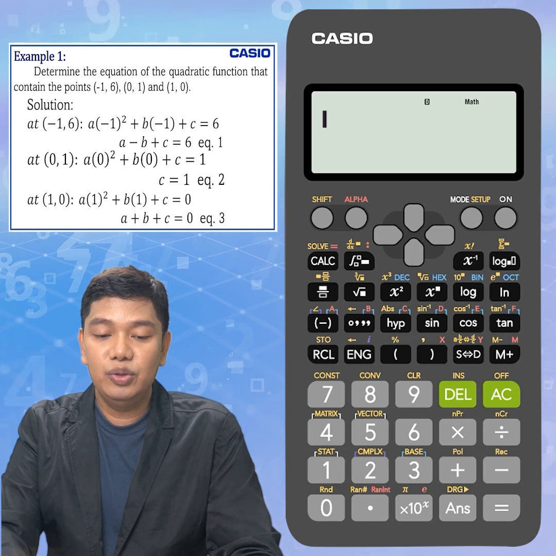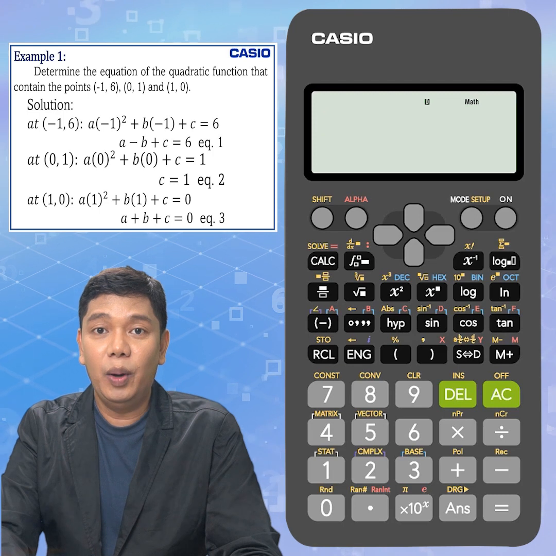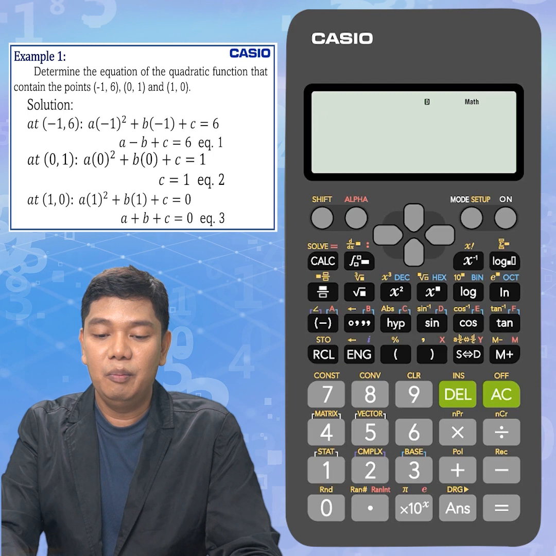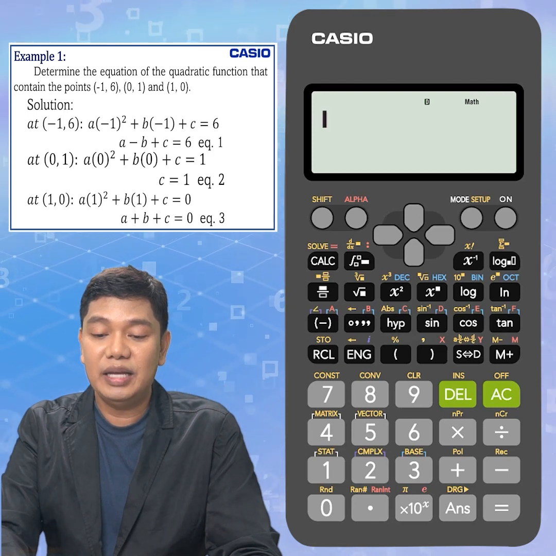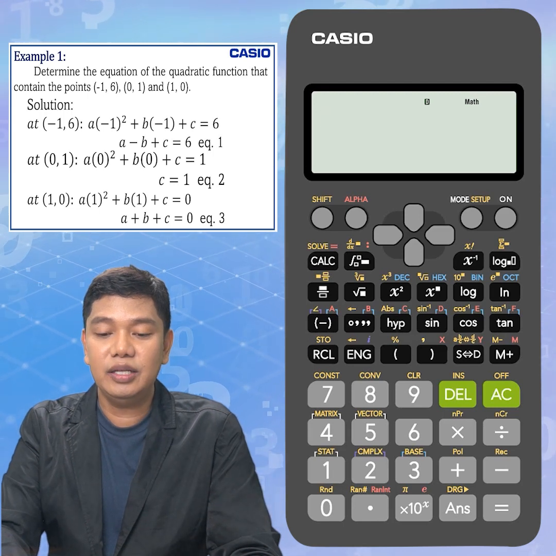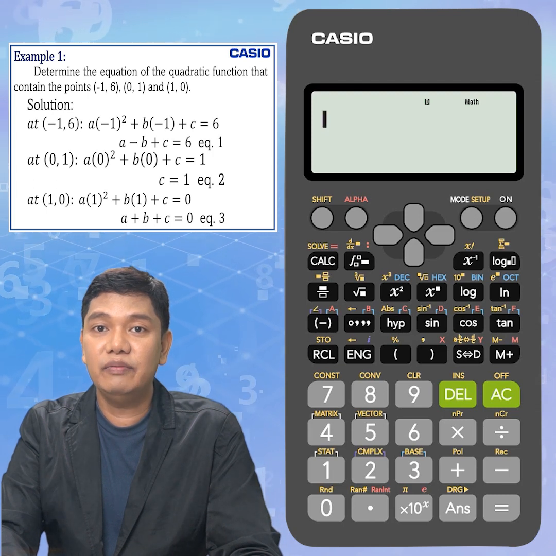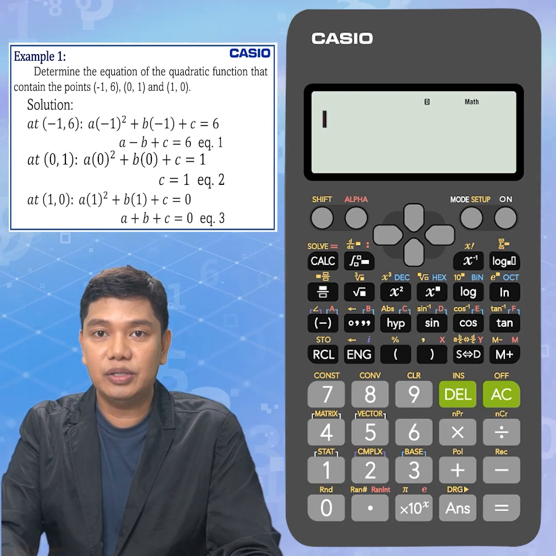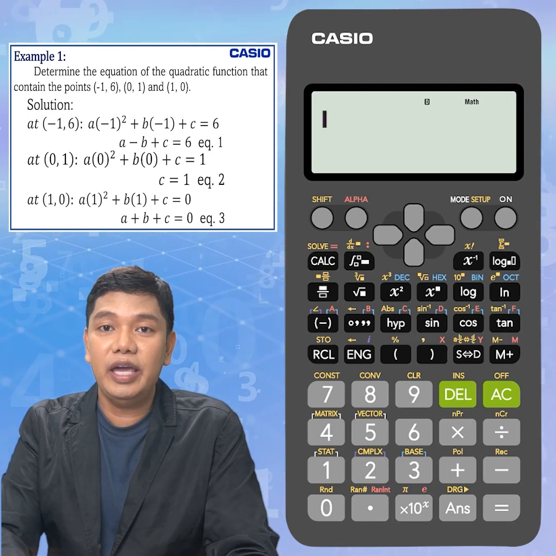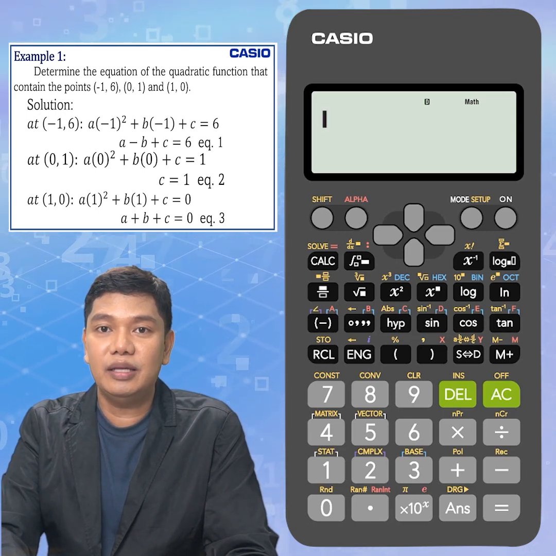And lastly, using the point (1, 0), and substituting x equals 1 and y equals 0 to our equation, we have a times 1 squared plus b times 1 plus c is equal to 0. Therefore, we have the linear equation a plus b plus c is equal to 0, which will serve as our third equation. Using the 3 equations and inputting all the values of a, b, and c in our calculator, we can now solve for the values of a, b, and c.